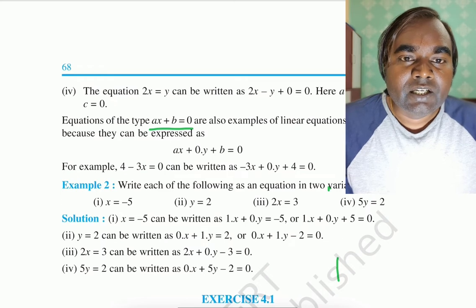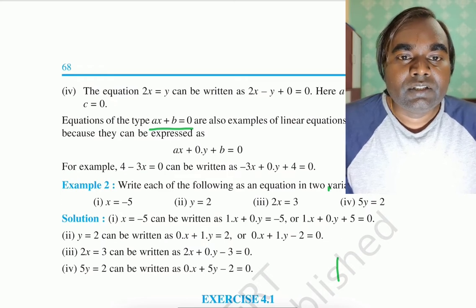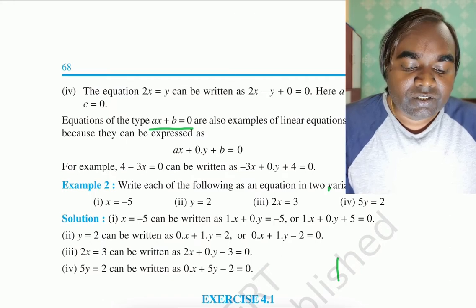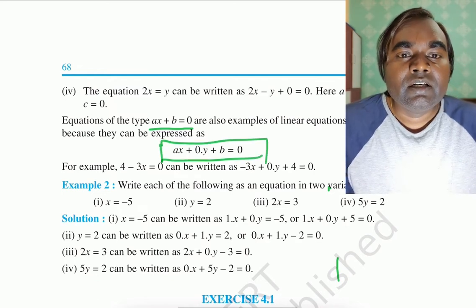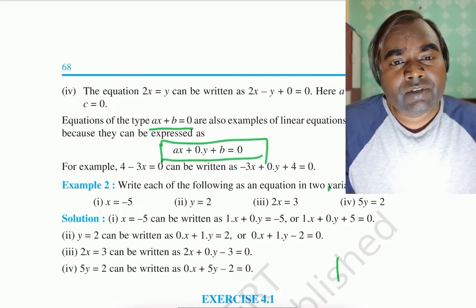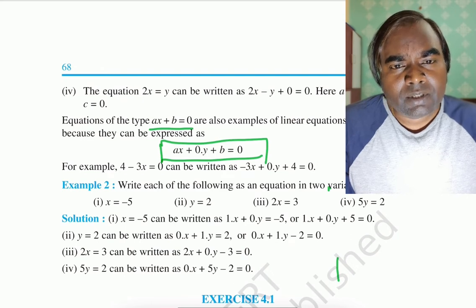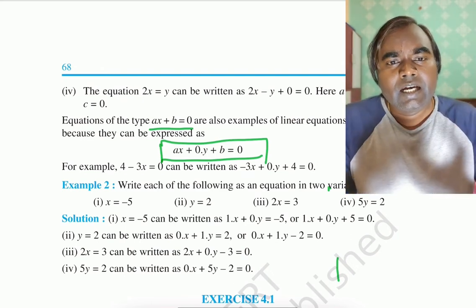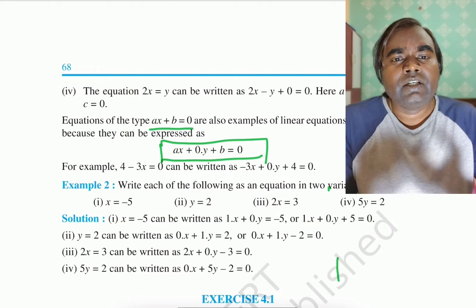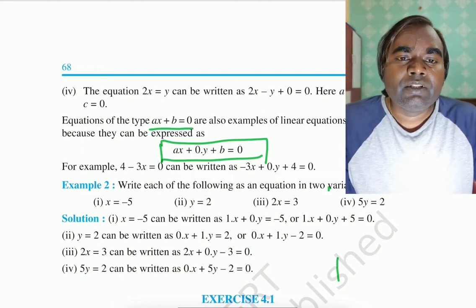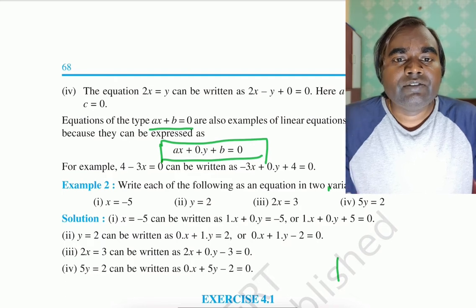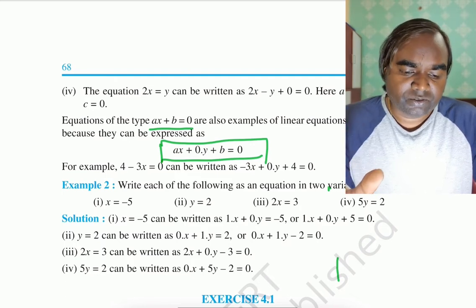In that case, we will put the coefficient of y as 0, that means the coefficient of the second variable as 0. So any linear equation of a single variable can also be considered as a linear equation in two variables, mathematically by keeping the coefficient of the second variable as 0.